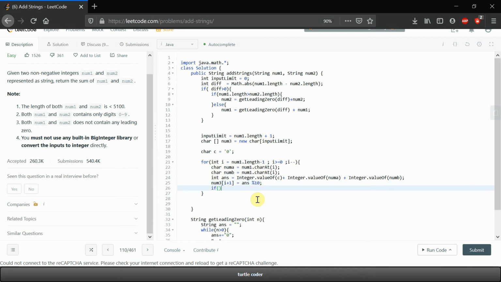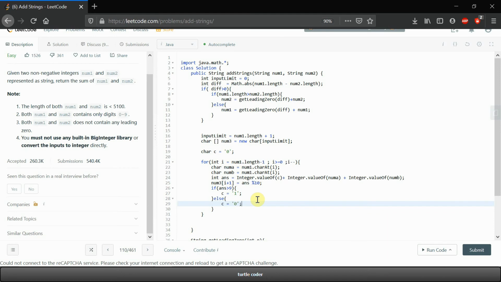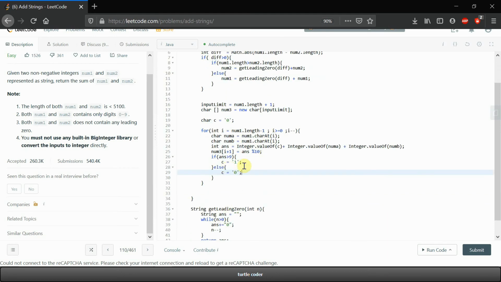And now for the carry part, if answer is greater than 9, in that case carry has to be 1, else carry has to be 0. Okay, so this process would fill up my num answer.